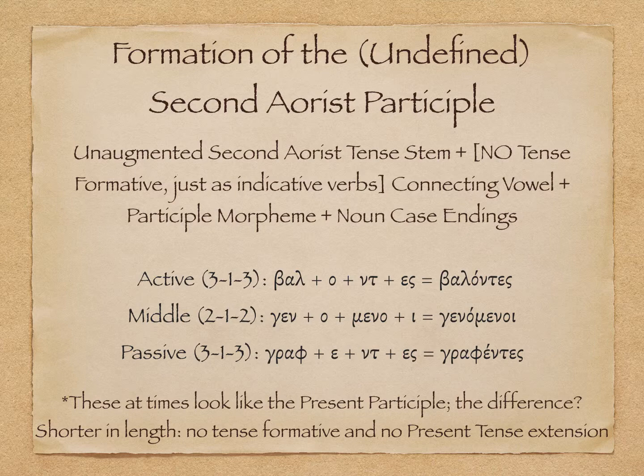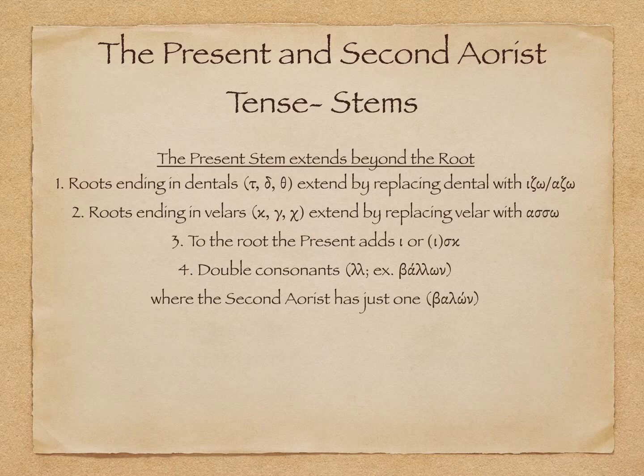Well, how can we know the difference? Well, the stems of second aorist participles often will end in a dental or a velar. Might have a certain pattern that we could identify, and generally in comparison with the present, the second aorist stems that end in a stop, number 1 and 2 here, do not add the extra letters that the present does.